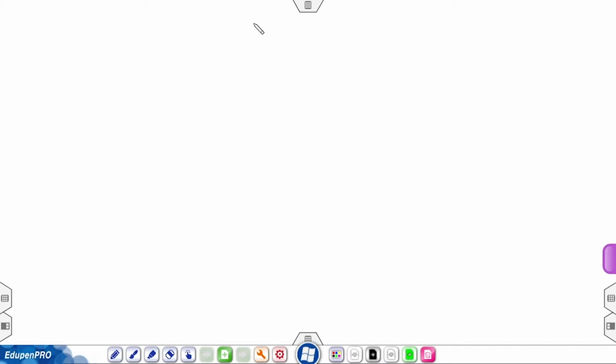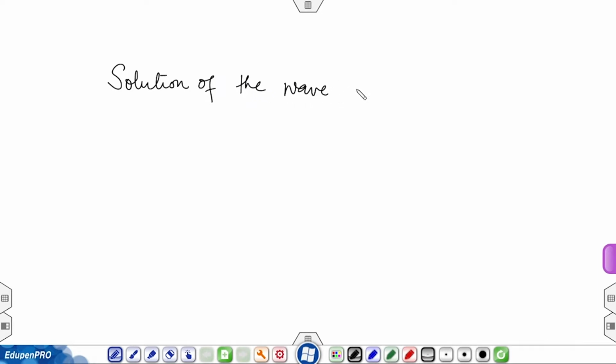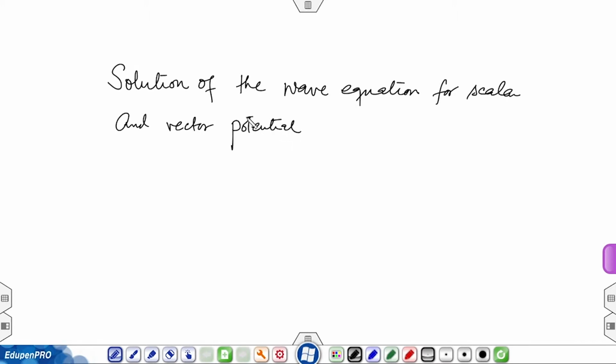So, let us begin. The topic of this lecture is solution of the wave equation for scalar and vector potential for charge and current densities changing with time.